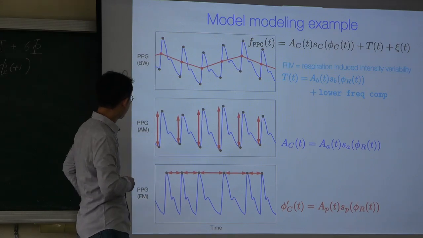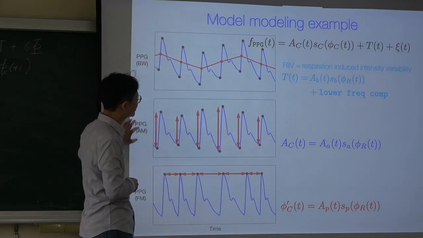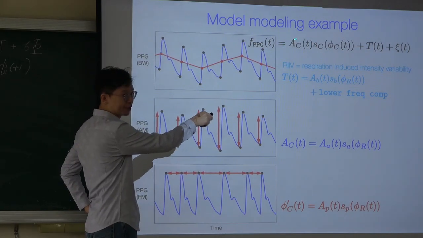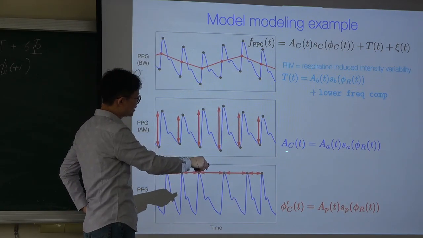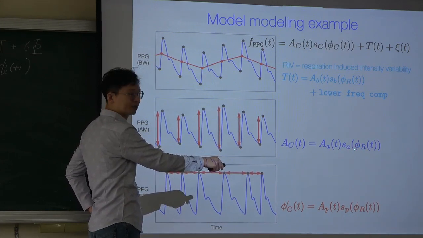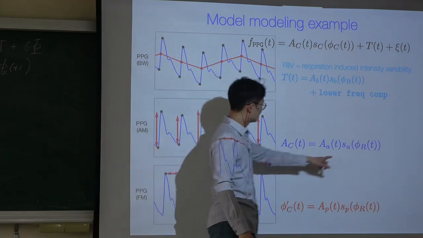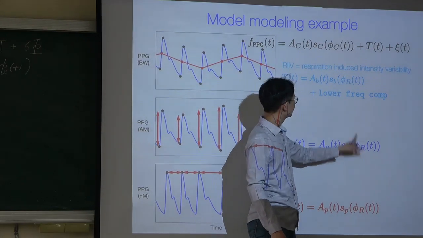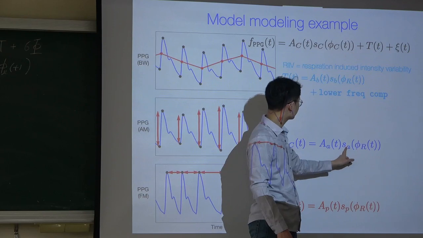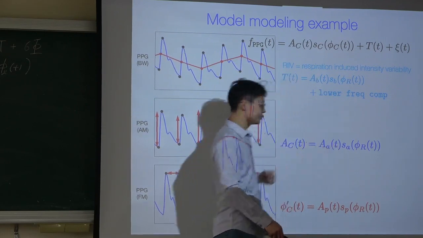Moreover, how to quantify amplitude modulation? It is encoded in amplitude modulation, where we can rewrite AC of t as capital AA, SA, and VR. So you see, this VR is the same as this VR, but the global phase information is in SA and SV, and you have different amplitudes.